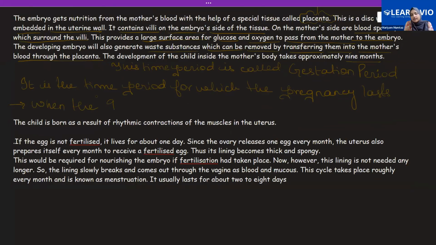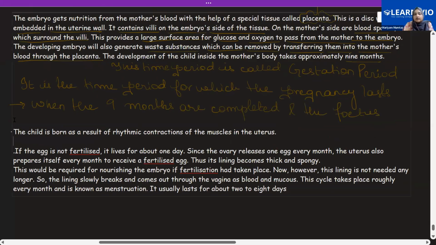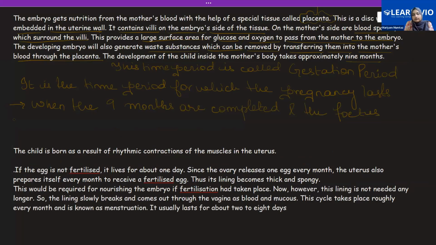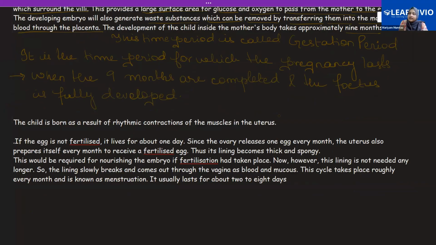When the 9 months are completed, and the fetus is fully formed, fully developed, then what will happen? The child is born by the rhythmic contraction of the muscles in the uterus, right? And this is what we term as birth.